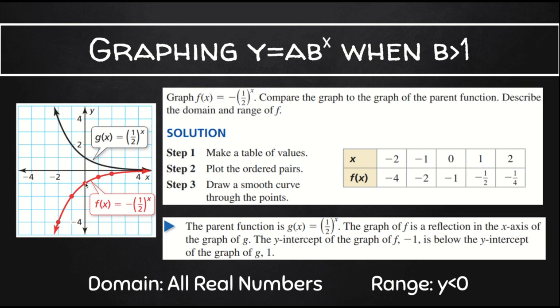Which you notice here. In our parent function, the y-intercept is just 1, but that -1 means that our y-intercept is at -1, okay? So we will look at some more examples. I'll work some more of these out on paper, but for now, great job understanding exponential functions meet this basic form, y equals a b to the x, okay? And this is when b is greater than 1.